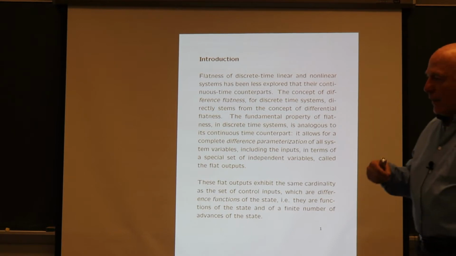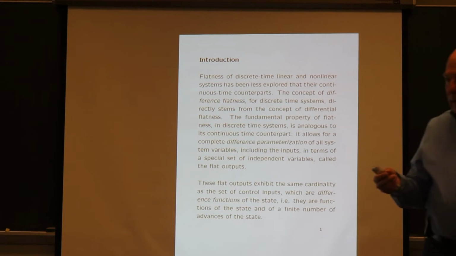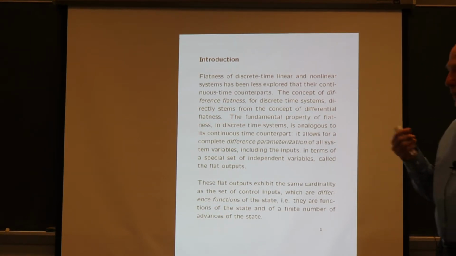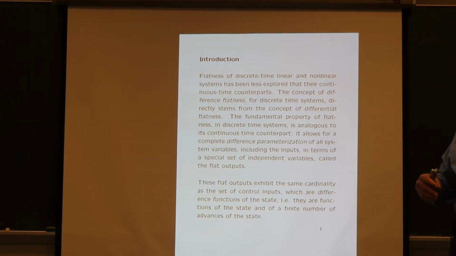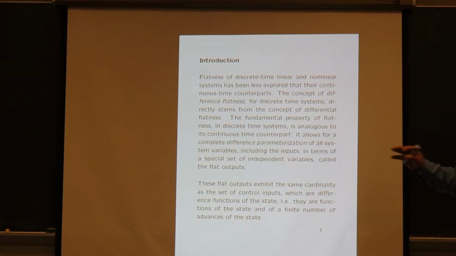I mean, it's a variable that has the property of being able to parameterize in a difference manner rather than a differential manner, as we were talking about in continuous systems. It has the virtue that it can parameterize all system variables in terms of that particular variable and a number of, let's say, forward time shifts or advances of that variable. We will call that a difference parameterization.